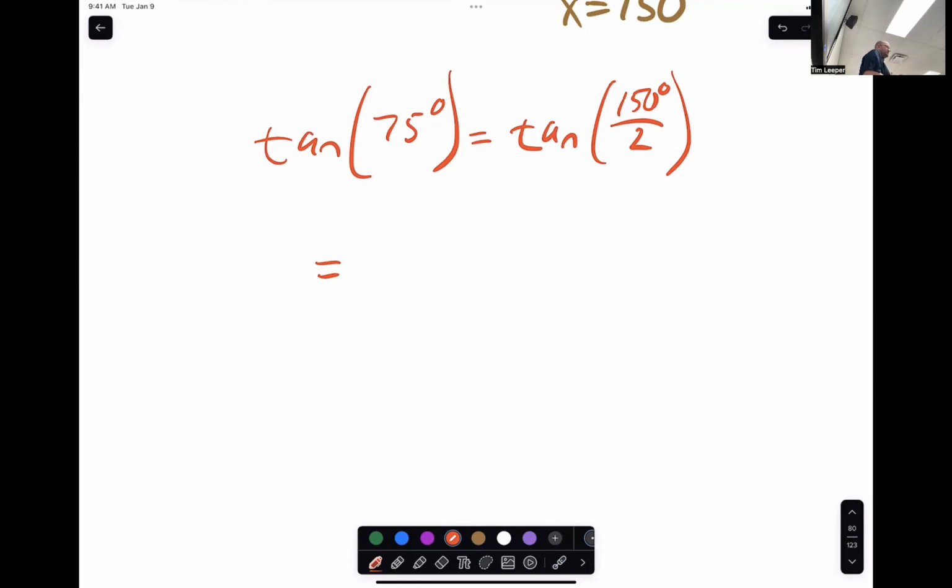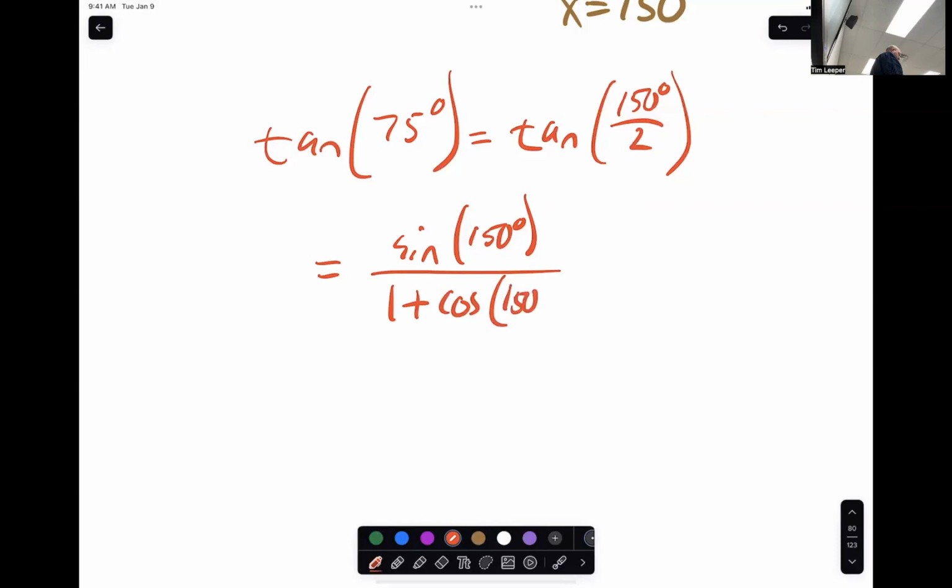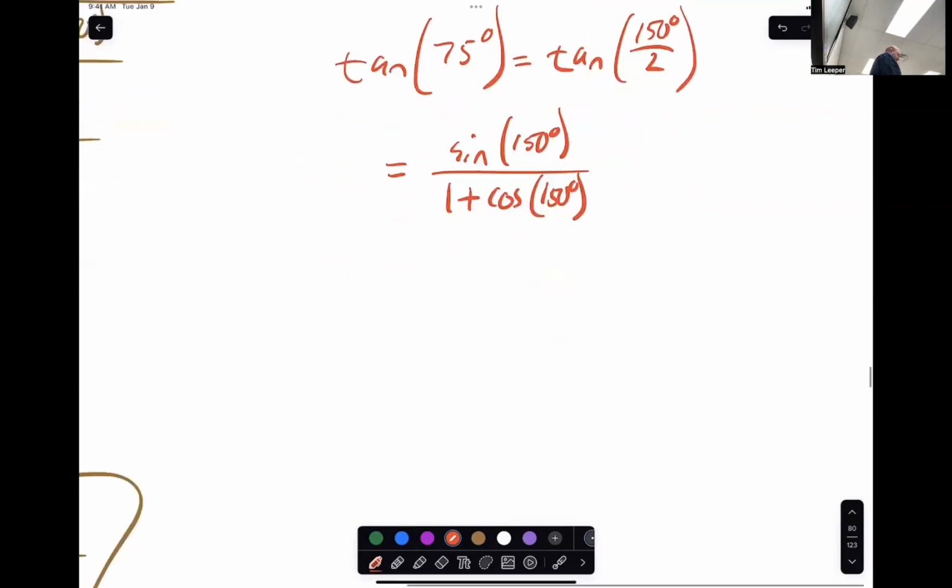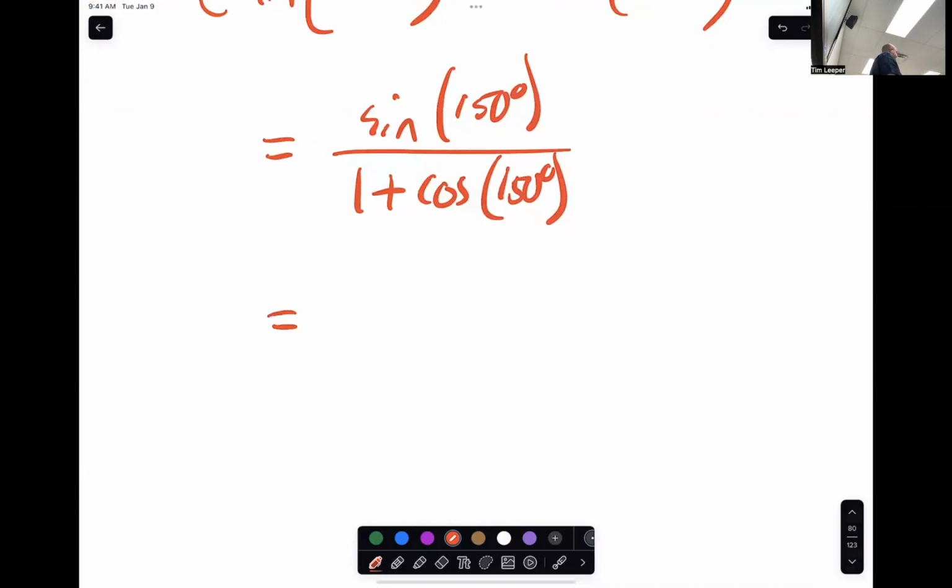I'm going to use the first one, sine over 1 plus cosine. So this would be the sine of 150 degrees all over 1 plus cosine of 150 degrees. Now, sine of 150 degrees is the same thing as sine of 30 degrees, which is what?